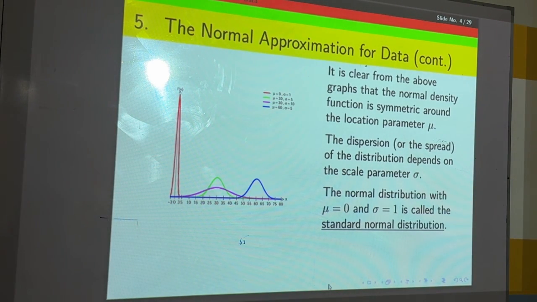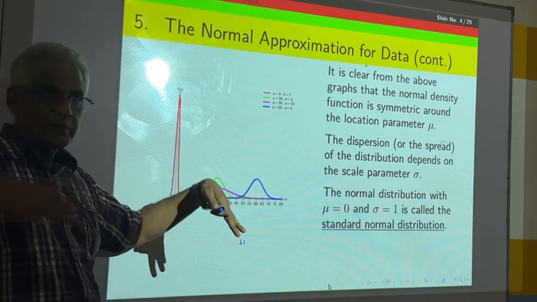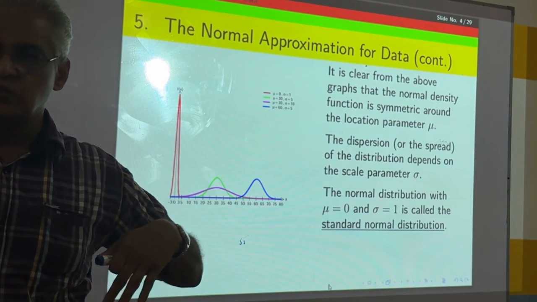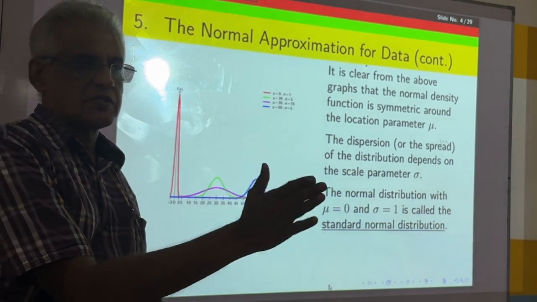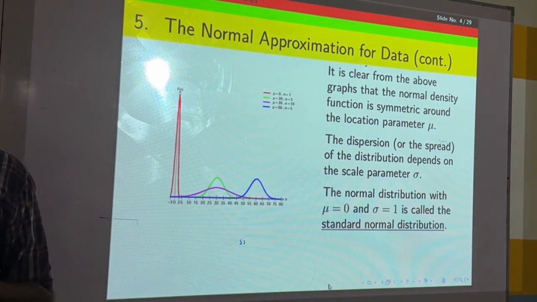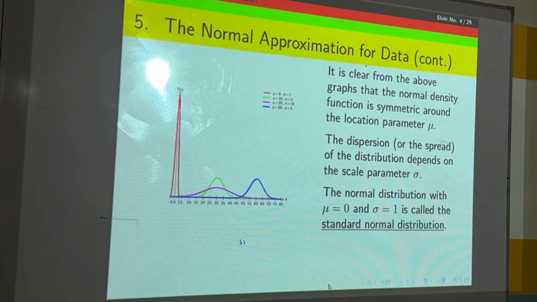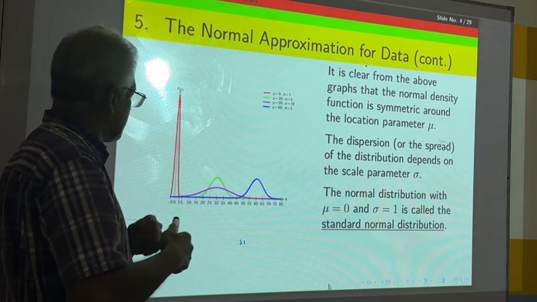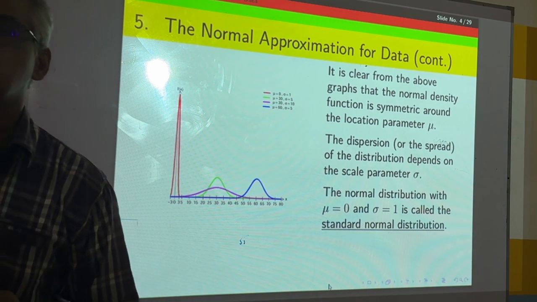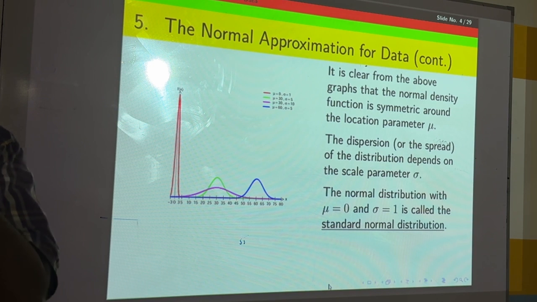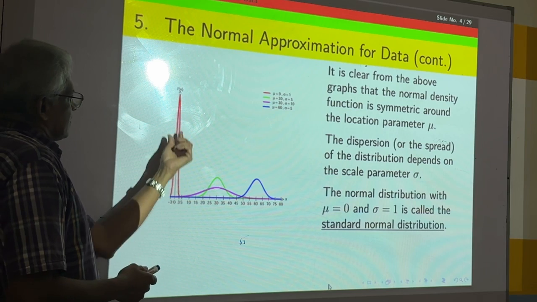That is symmetric around 0 and roughly between -3 and +3, because mu minus 3 sigma is 0 minus 3 and mu plus 3 sigma is 0 plus 3. Theoretically it goes from -infinity to +infinity, but 99.7% is within that range. A normal distribution with mean 0 and standard deviation 1 is called the standard normal.